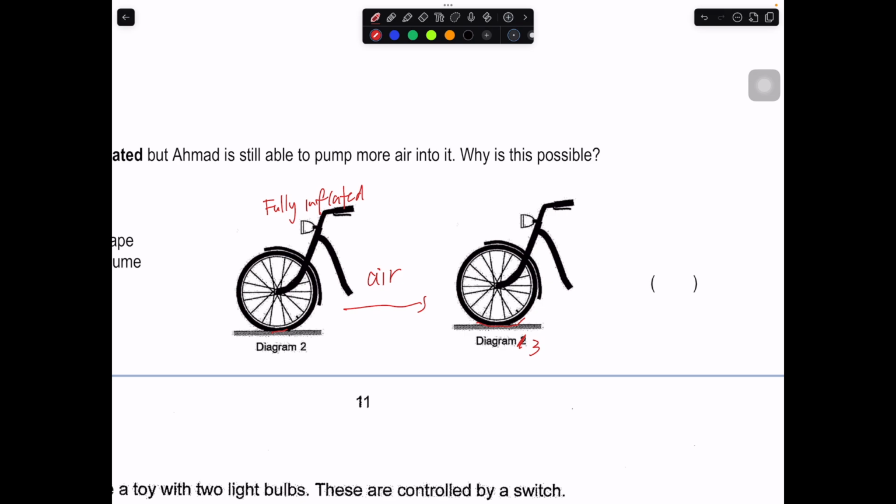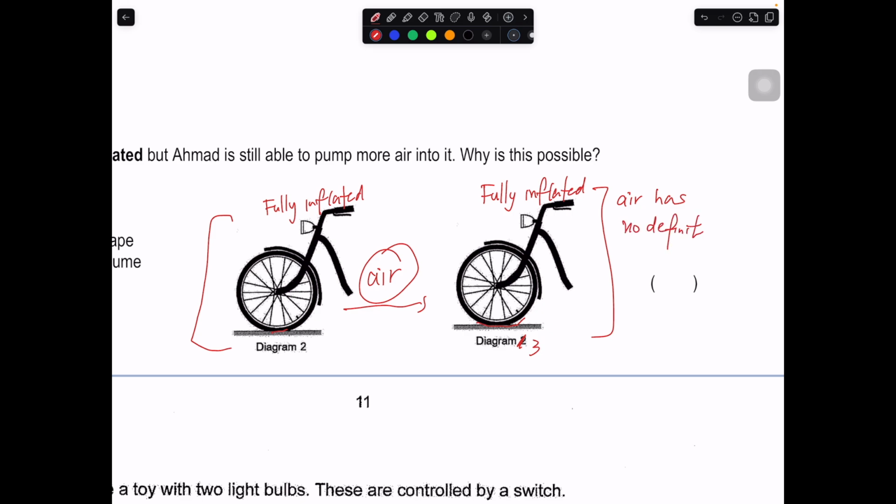I continue to pump air, and the tire did not change in shape. It still remains fully inflated. This tells you that air has no definite volume. That means no matter how much air I pump, it will still occupy the same amount of space. It still has the same volume. So if this is being shown, air has no definite volume.